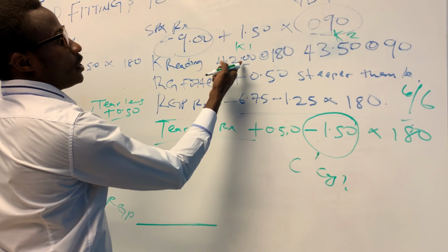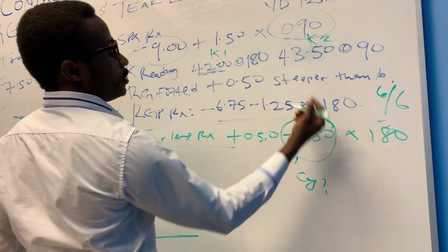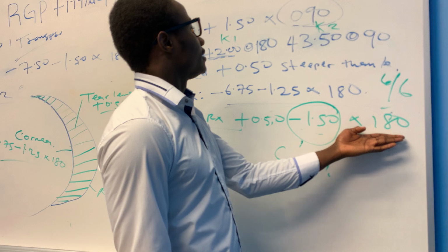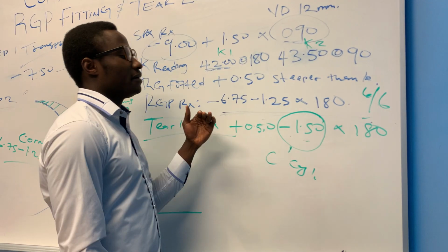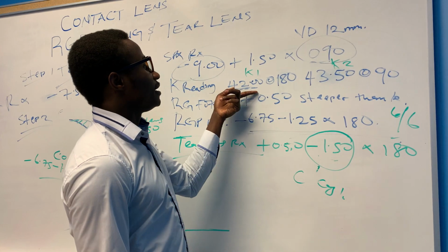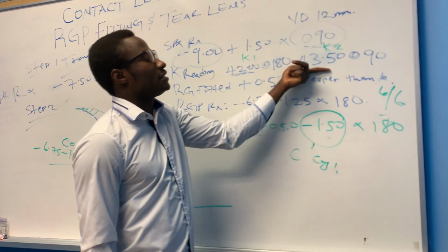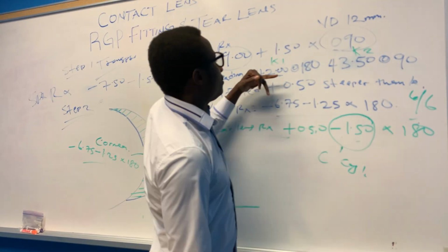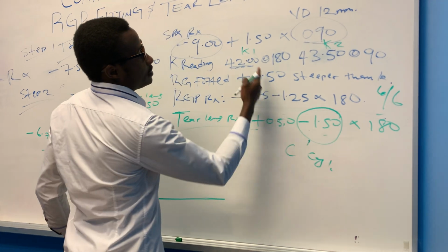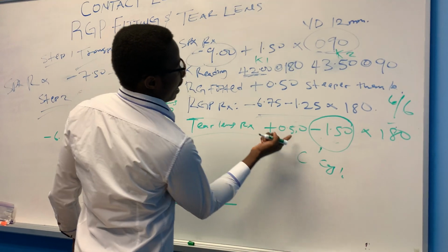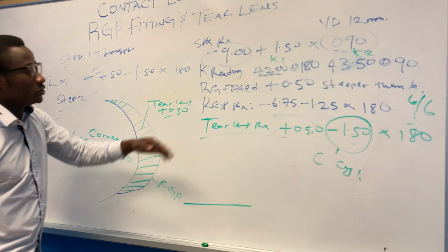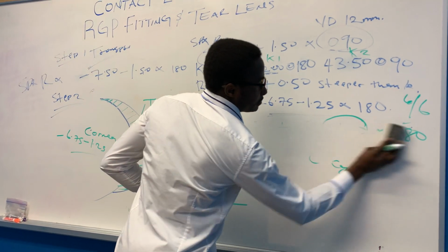When you do 42.00 minus 43.50, you're going to have a difference of minus 1.50. Then the axis of the flattest K. The formula is the flattest K minus the steepest K, and the axis of the flattest K. Did you see here, this is the flattest K, 42, this is the steepest K, 43.50. Now, the axis of the flattest K is 180, that is why we have 180 here. The difference between these will give us our corneal cylinder, and the sphere is from what we are fitting. That is how we got the tear lens. I just want to demonstrate this so it doesn't confuse you guys.